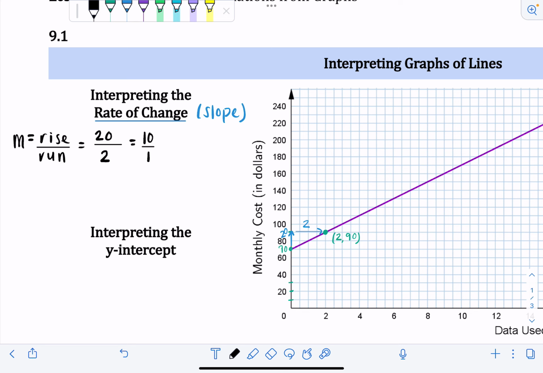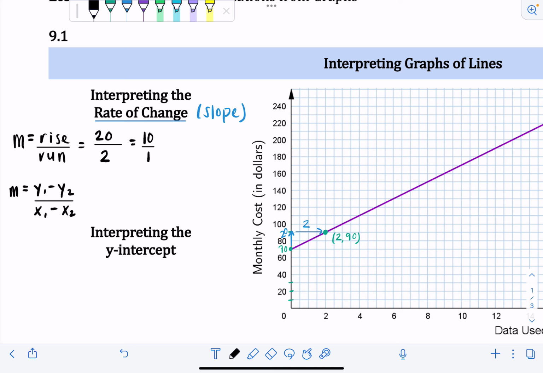The other option for finding slope, which is the one we typically use when we're just given points and don't have a graph in front of us, but you can use it here, so I want to compare it, is the slope formula. So it's m equals y1 minus y2 over x1 minus x2.